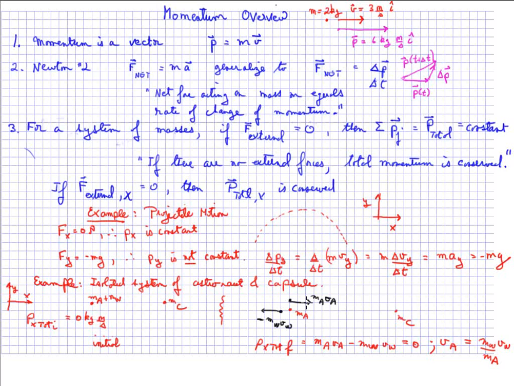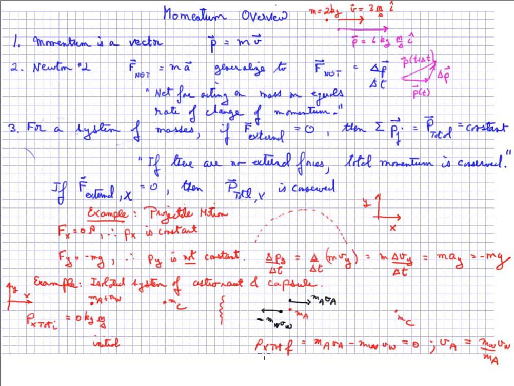There's only the force of the astronaut on the wrench throwing the wrench to the left, but then by Newton number 3 there is a force of the wrench on the astronaut to the right. But those forces between the wrench and the astronaut are internal forces, which because of Newton number 3 cancel, and for that reason momentum is conserved.